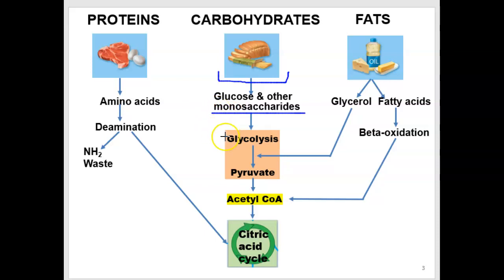These monosaccharides begin the process of aerobic cellular respiration. First glycolysis, then the transition reaction or pyruvate oxidation, then the Krebs cycle, and then eventually the electron transport chain, which isn't shown on this graph.